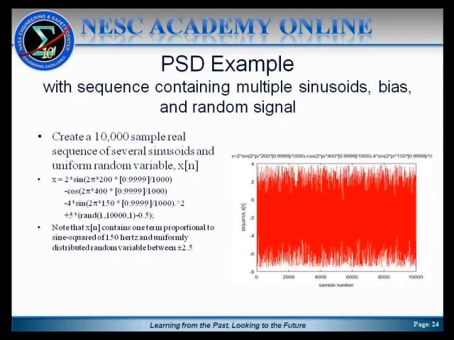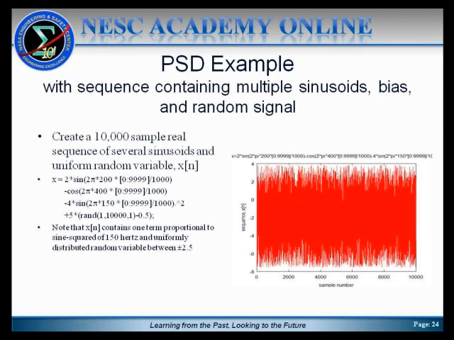So this sine wave is squared at 150 hertz frequency. And then finally, we'll add to it a uniform random variable distributed uniformly between plus or minus 2.5. If you compute that signal as shown there and plot it out, as shown in the figure to the right, you'll see the time history of the data.